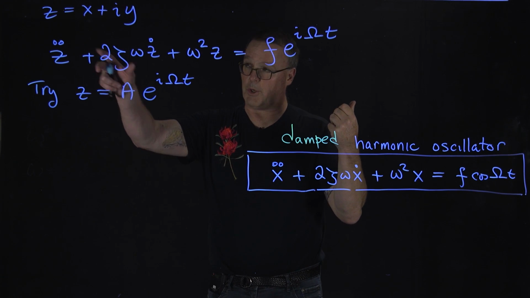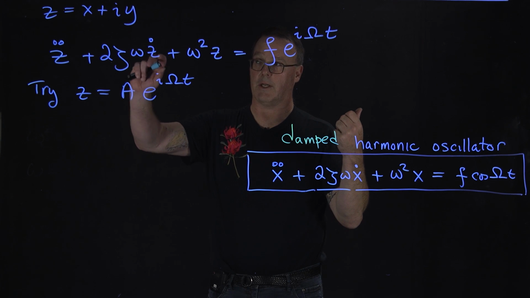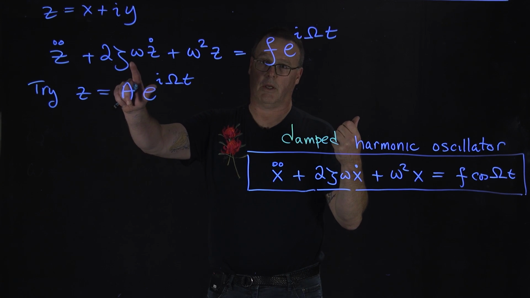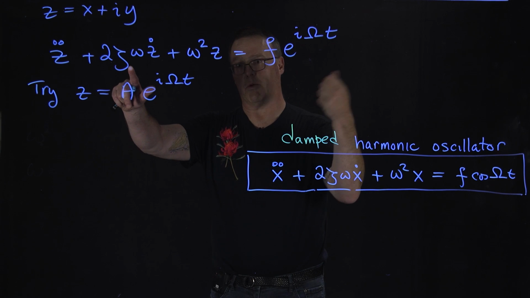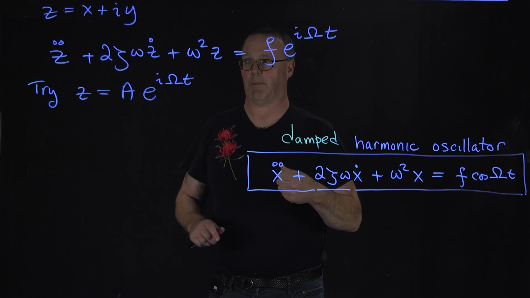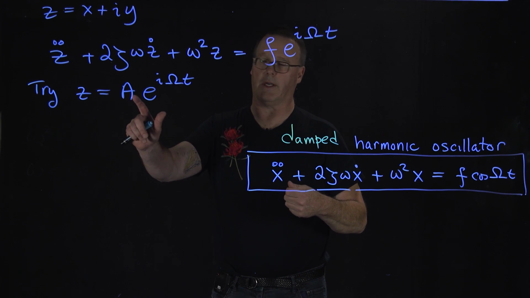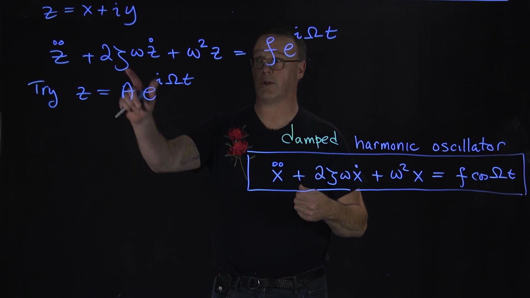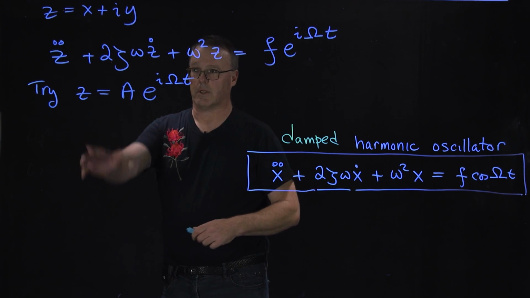The terms acting according to the natural frequency will damp out because of this damping, and all that will be left is the steady state behavior. That's what we're looking for here. We're going to ignore transients. So we're just going to try this thing.